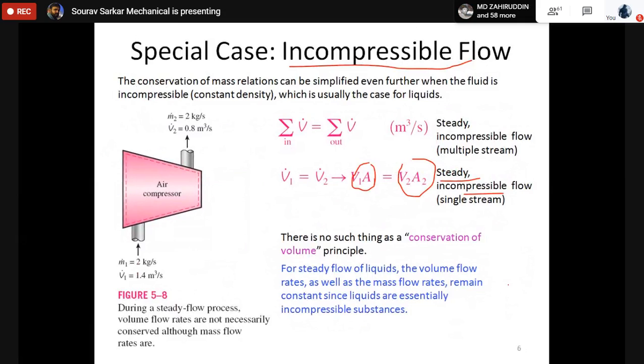So basically what you can say, for steady flow of liquid, the volume flow rates as well as the mass flow rates remain constant, since liquids are essentially incompressible substances.